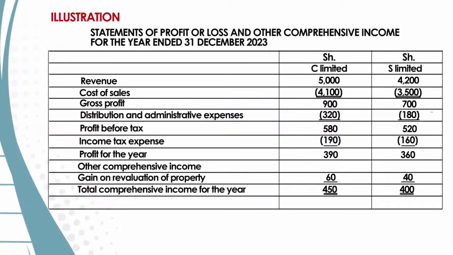We have revenue, cost of sales, gross profit, distribution and administrative expenses, profit before tax, income tax expense, profit for the year, other comprehensive income which includes the gain on revaluation of a property, and then the total comprehensive income for the year.